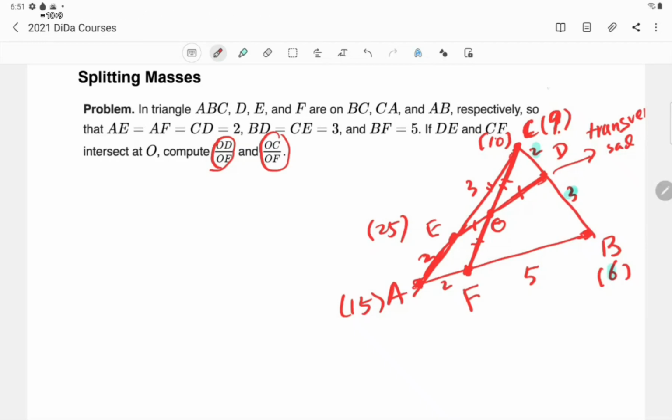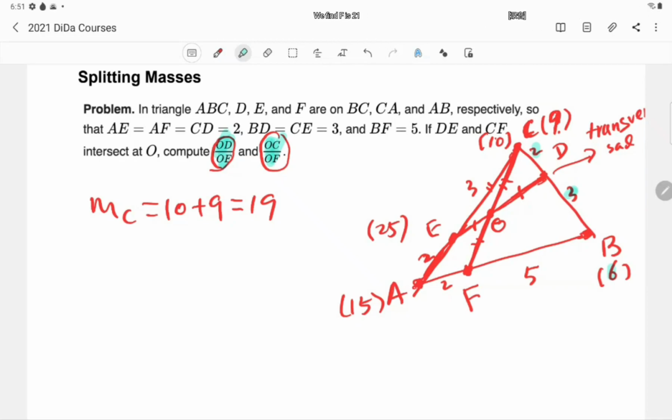Somebody said the MC, you add it up, is 10 plus the left and right is 19. So at this point, what do we do? Yes, don't forget what you're asked to do, which is to calculate these two ratios. These are our end goals.